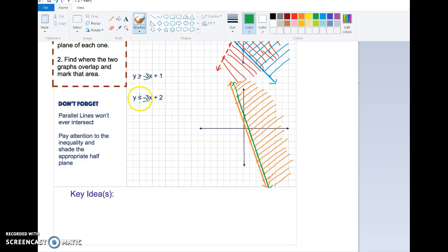So this time it is y is less than, which means that it's going to go underneath the line. So it goes this way. This whole area here, all the way down. And can you see the place where the two overlap?